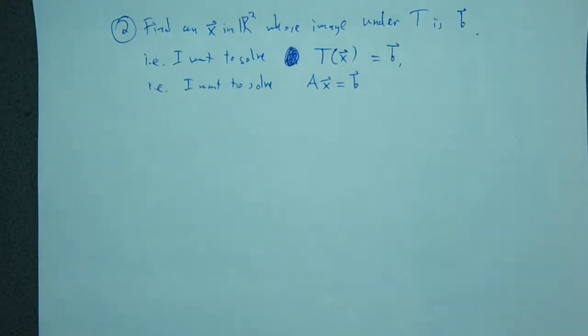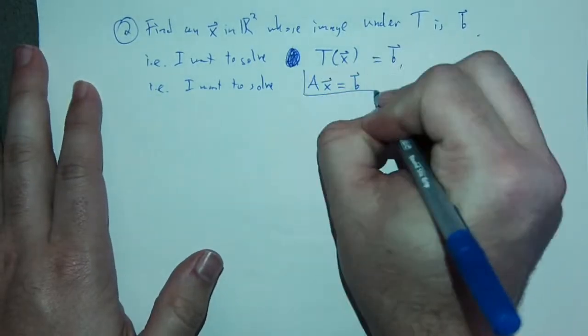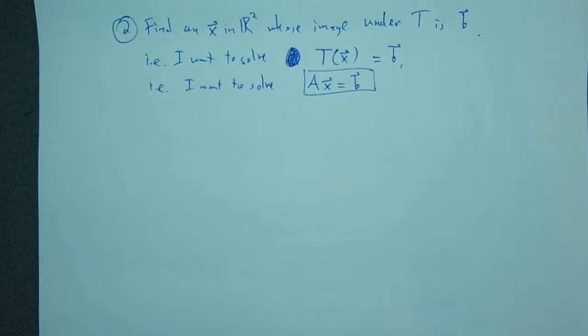So now it is clear how recasting this equation as some other type of question goes. So really, I started out with a question about finding a vector whose image under a transformation T is b, but since this transformation is a matrix transformation, this was actually the same as asking to solve the equation Ax equals b.